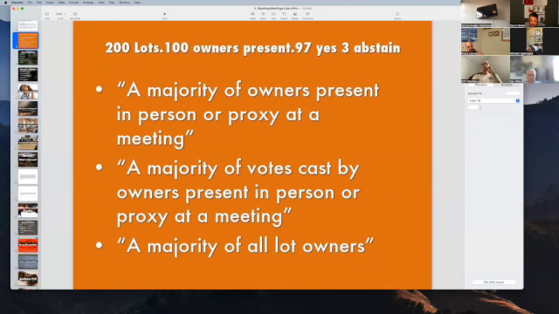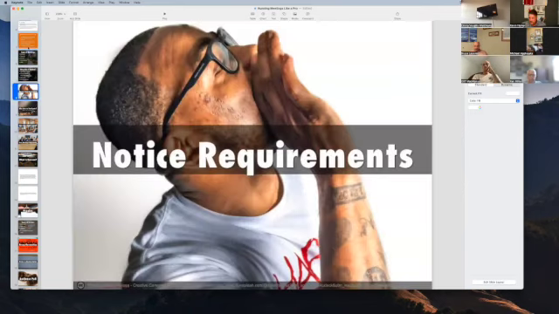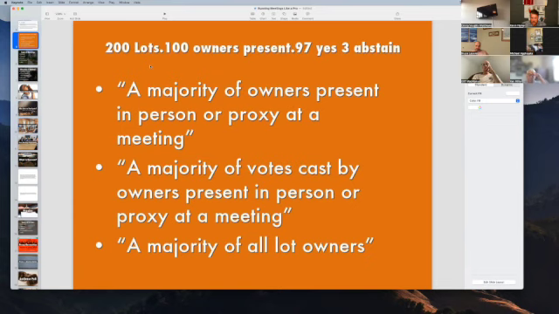So let's take this first one. Suppose the language in your bylaws says that in order to pass, it requires a majority of owners present in person or by proxy at a meeting. How many votes are needed? 100. Everyone agree? I do not agree. You don't, Bruce?